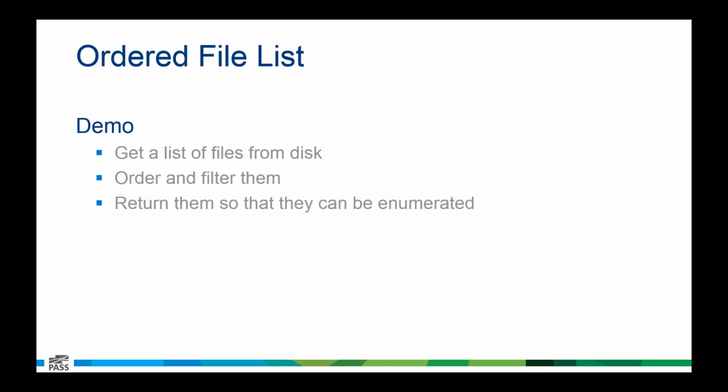A couple of key things to remember with this: there are ways to do this without actually using a script. For example, you can get files off disk and enumerate them using the for each container using a file enumerator.